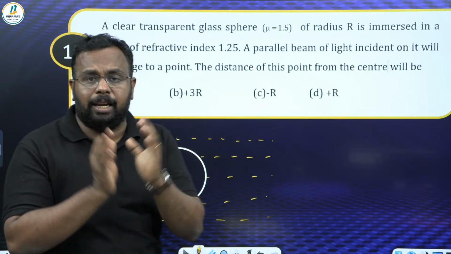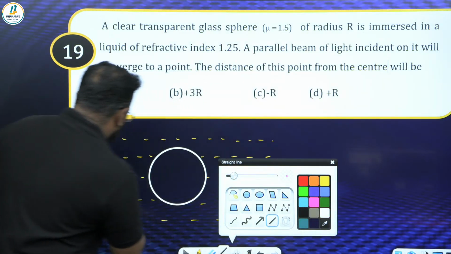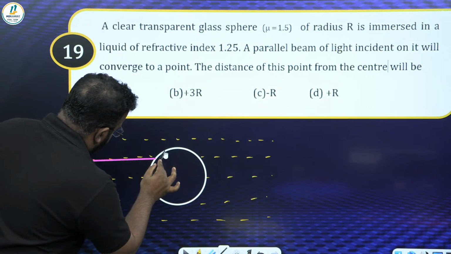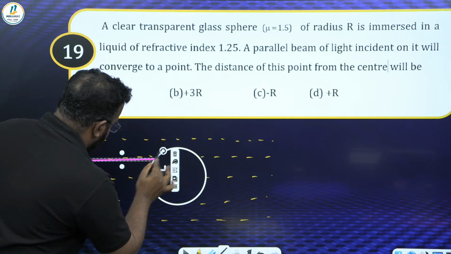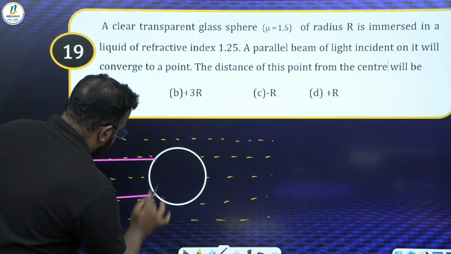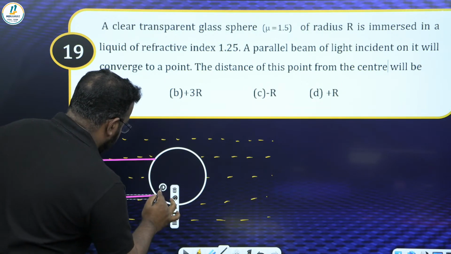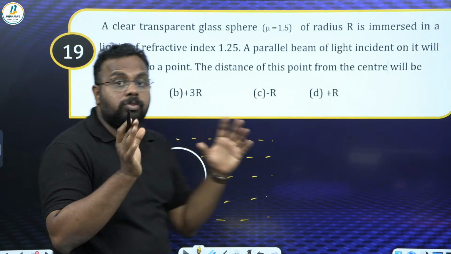Incident rays are parallel, so I'm just showing those incident rays as well. This is one ray, this is the other ray. So two rays are there, you can see both of them are parallel, and these rays are converging to a point.